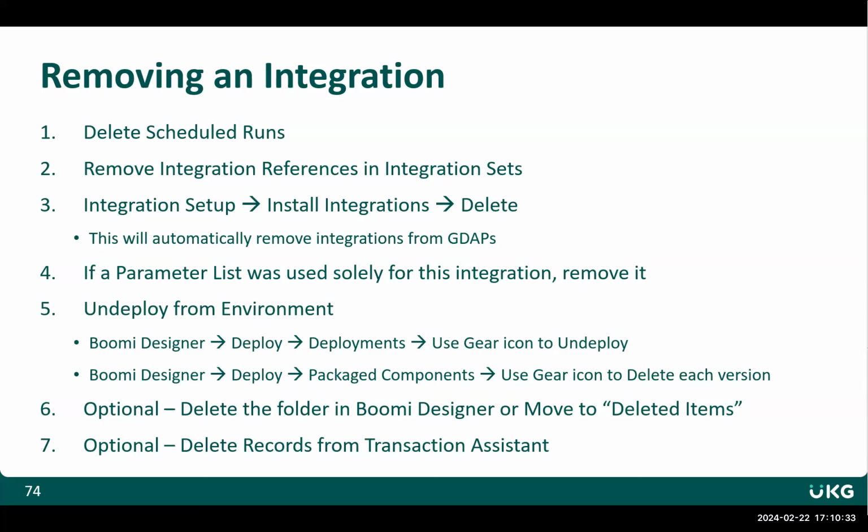And I have here optional delete the folder in the Boomi Designer, but I'll be honest, nobody does that. Instead, what we typically do is we create another folder called deleted items, and we just move it into there just to get it out of the way of the active folders.